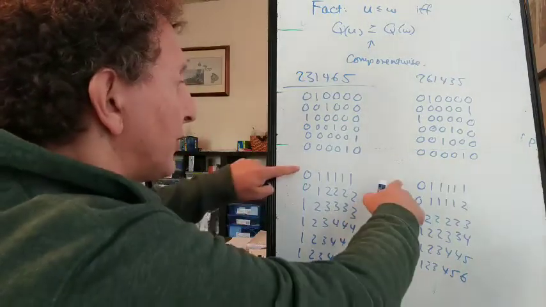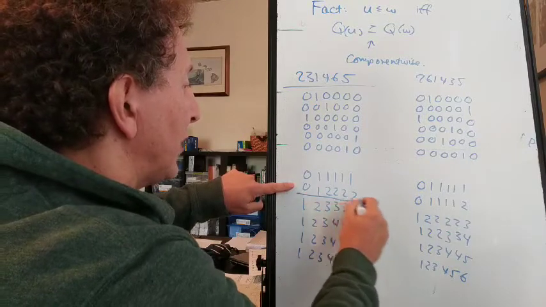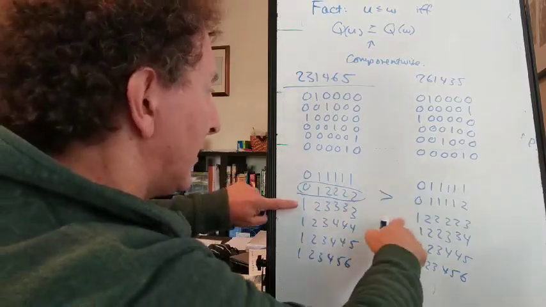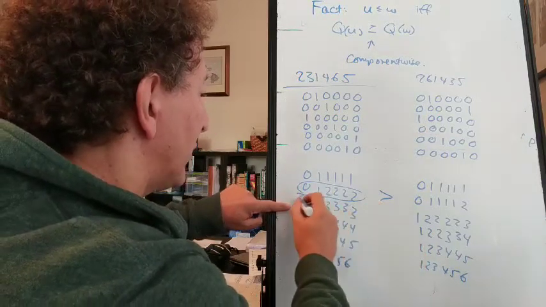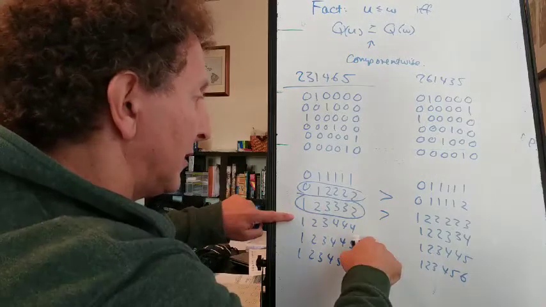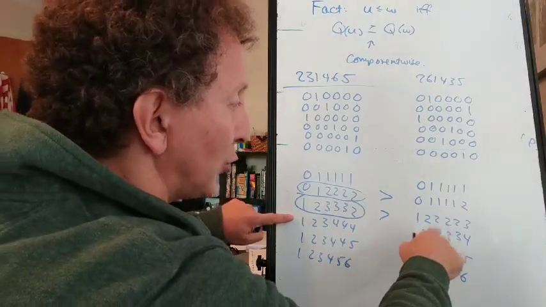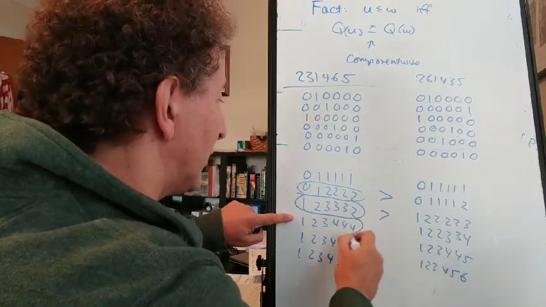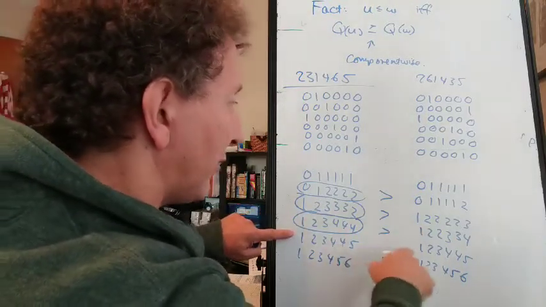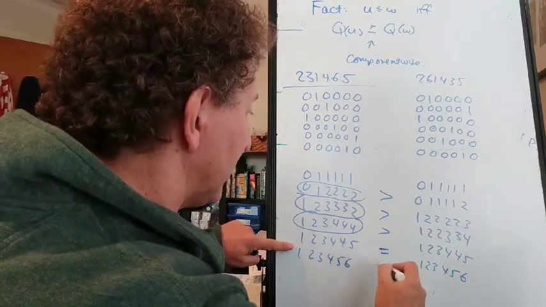So the first rows are the same. In the second row, this one is greater than or equal to that one. And then this row is different also. It's greater than or equal to that one because the 3 starts earlier. 1, 2, 3, 4, 4, 4 is greater than 1, 2, 2, 3, 3, 4. 1, 2, 3, 4, 4, 5 is the same. 1, 2, 3, 4, 5, 6 is the same.